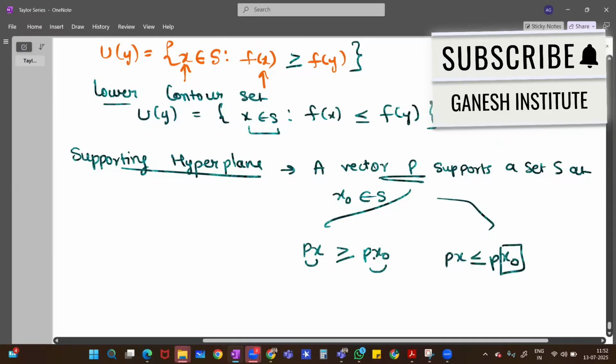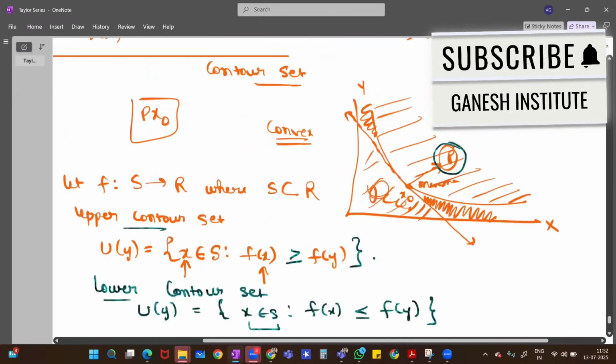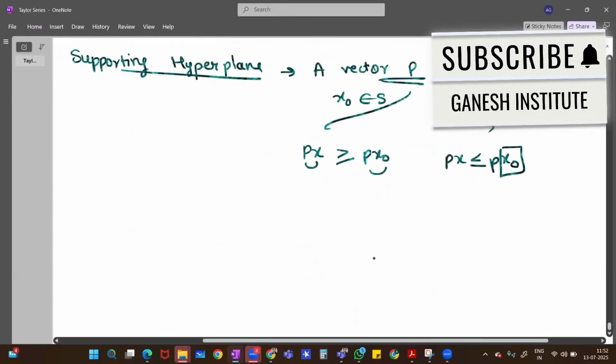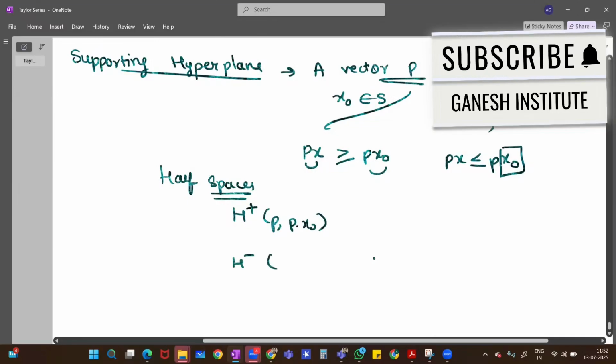So these are two conditions. So your supporting hyperplane is helping us to divide this graph into two forms, two half spaces. One is H positive and one is H negative.